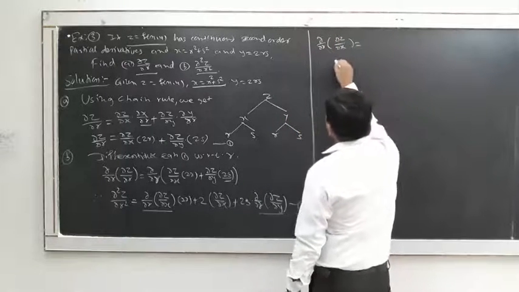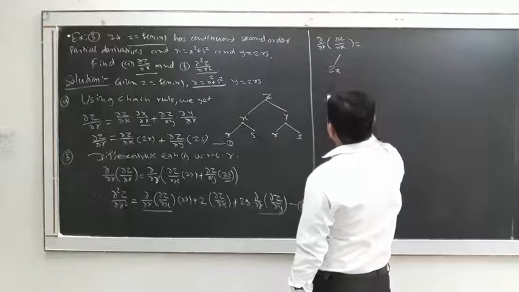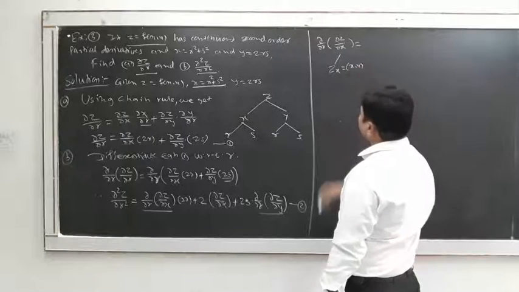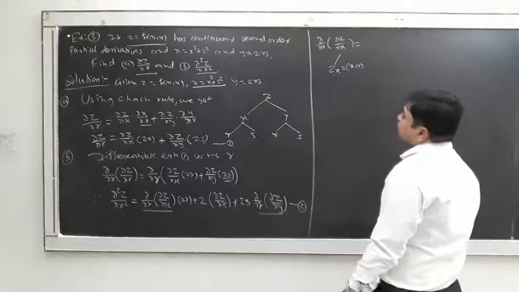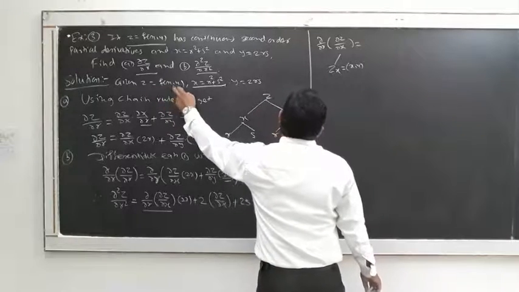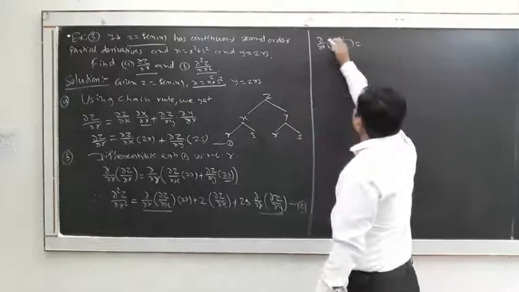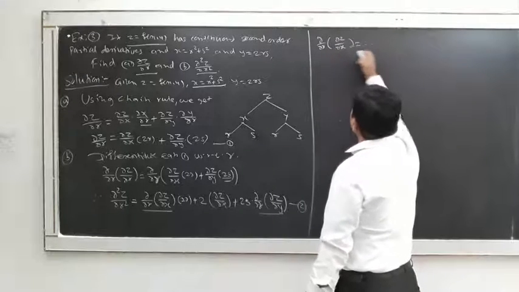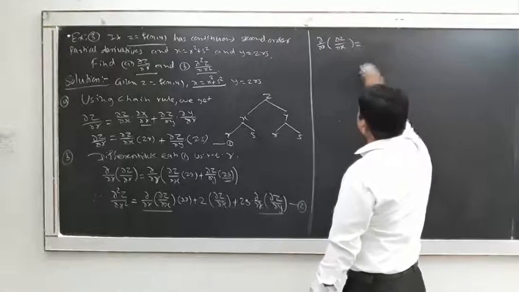This is nothing but our Zx, and this Zx is again a function of x and y. So if you take differentiation, we have to use the chain rule again.